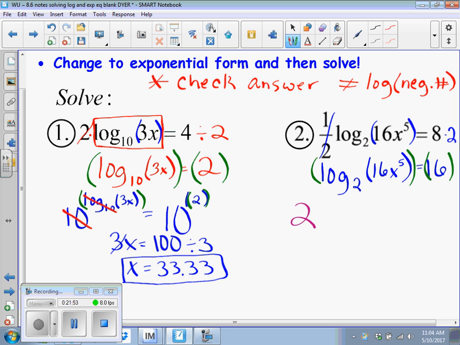So 2 to the log base 2 of 16x to the 5th equals 2 to the 16th power. This was everything on the left, and this was everything on the right.